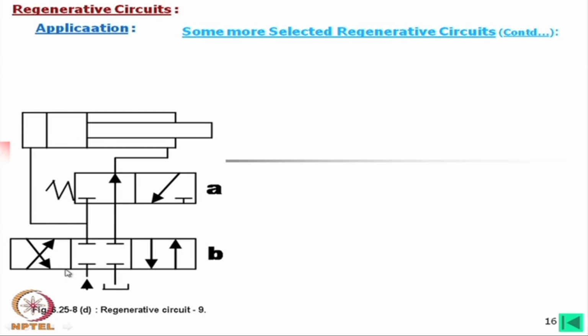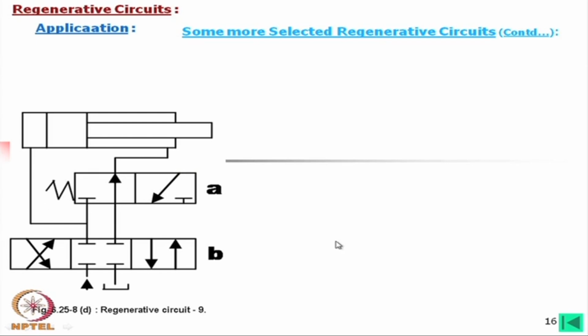Now, with this connection and this connection, oil is coming through this path and this is closed. So, oil is coming to this path, that means oil is not going here, and then it is being mixed with this one. So, regenerative. So, one of that is unpredictable, and with this connection and this connection we can have regenerative.